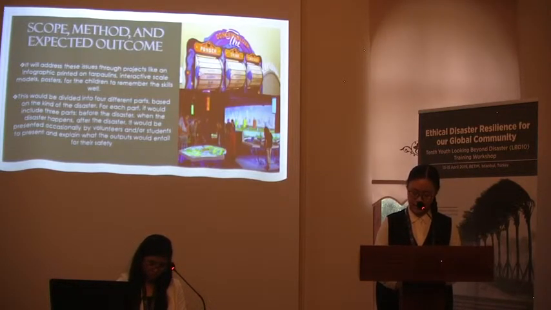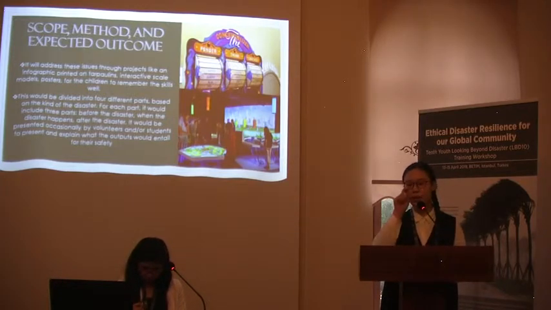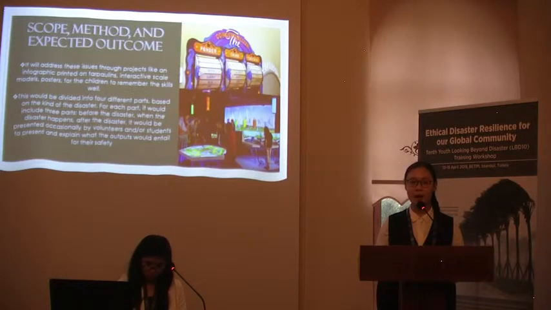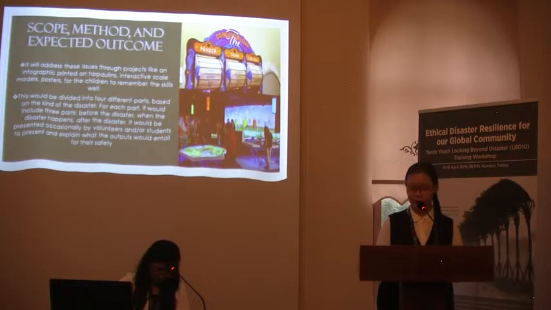If children get high marks, they can get a prize, such as stationery or a coupon in the canteen. So the students can have high motivation to take part in this activity.